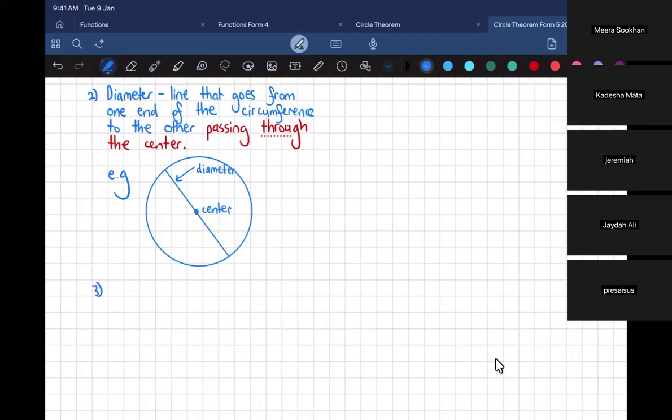It connects. Yeah, you just connect two things together. So a chord is like a diameter, but remove the passing through the center part. And that's a chord.